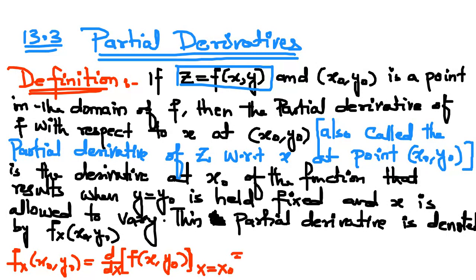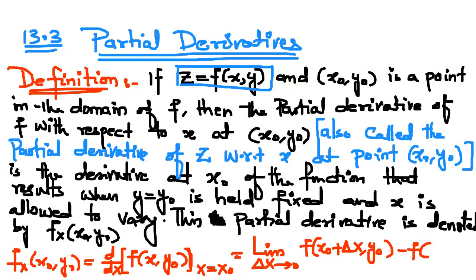This is also equal to the limit as delta x approaches 0 of f of x naught plus delta x, y naught, minus f of x naught, y naught, divided by delta x. Okay, so this is the definition of the partial derivatives.